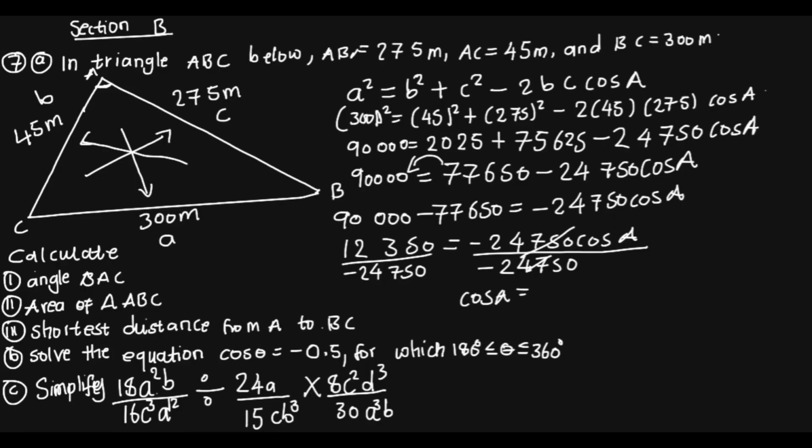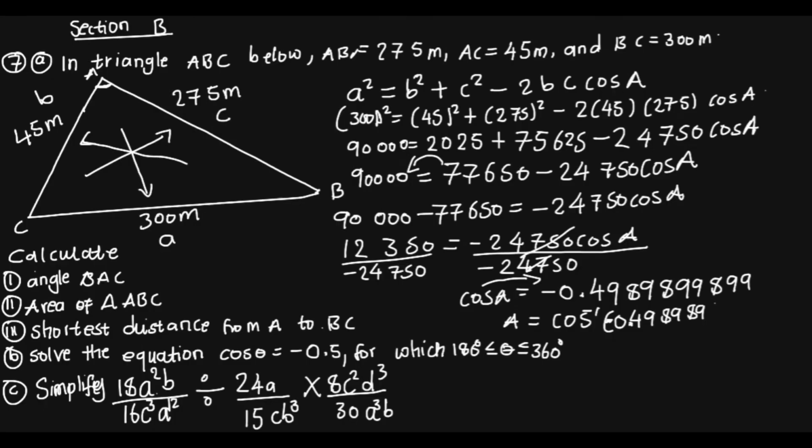So I'm getting negative 0.49898989. Then we are going to move our cos to this side, giving us A is equal to cos inverse of negative 0.49898989.